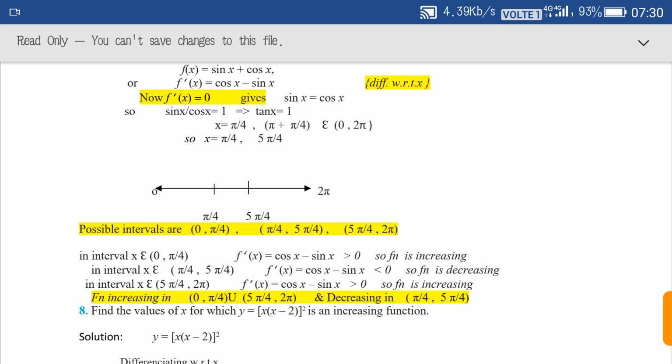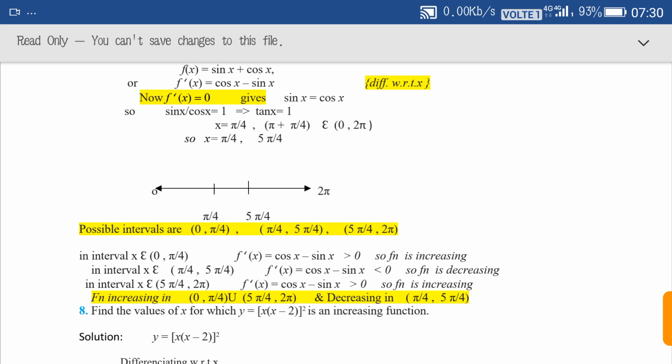So the function is increasing in this interval. And another interval is π/4 to 5π/4. You may take any value from this interval, you will get a value less than 0.